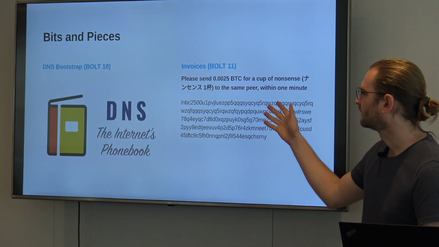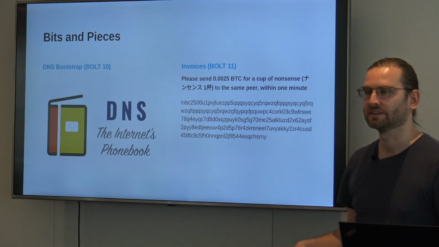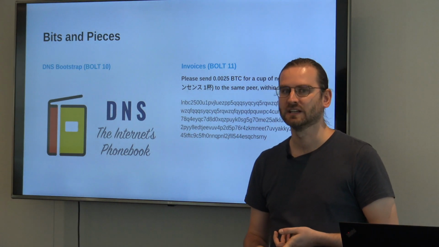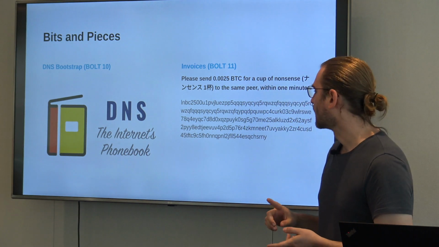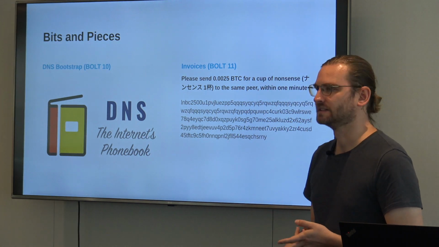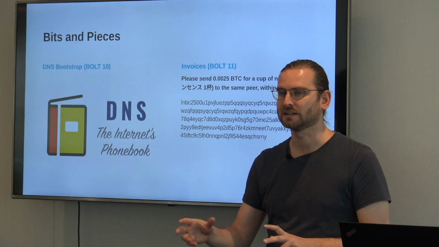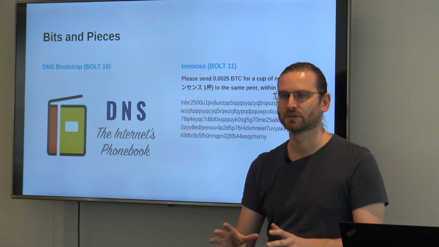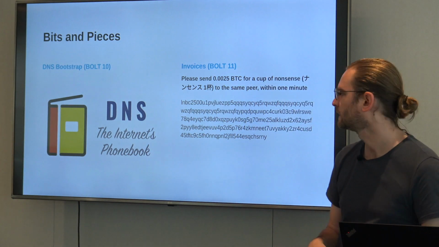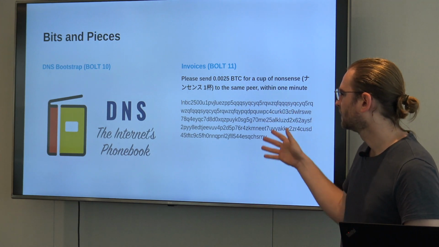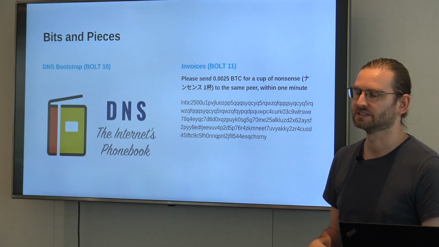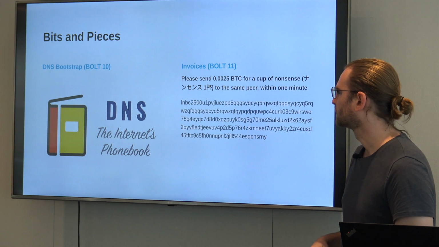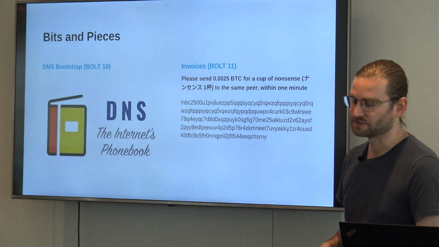We have lots more fields we can add here. We can add fallback addresses for on-chain payments. We can add hints about which channels are currently correctly balanced for us to receive this amount. So there's a whole lot of stuff we can add to this. The spec is quite extensive in what it allows us to do.